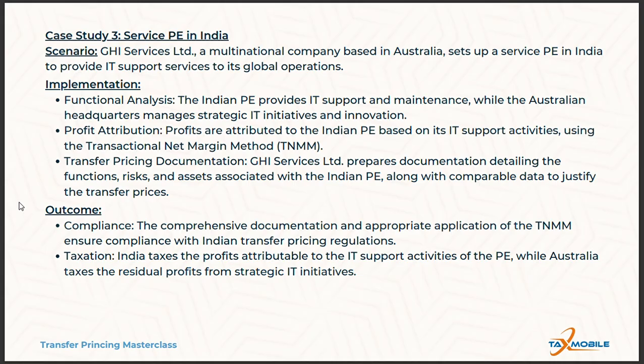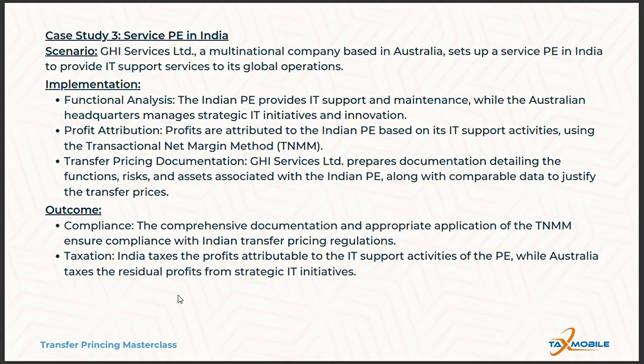So this transactional net margin method compares the profit margin of the permanent establishment to that of independent companies providing similar services. With respect to transfer pricing documentation, GHI Services Limited prepares documentation detailing the functions, risk, and assets associated with the Indian permanent establishment, along with comparable data to justify the transfer prices.